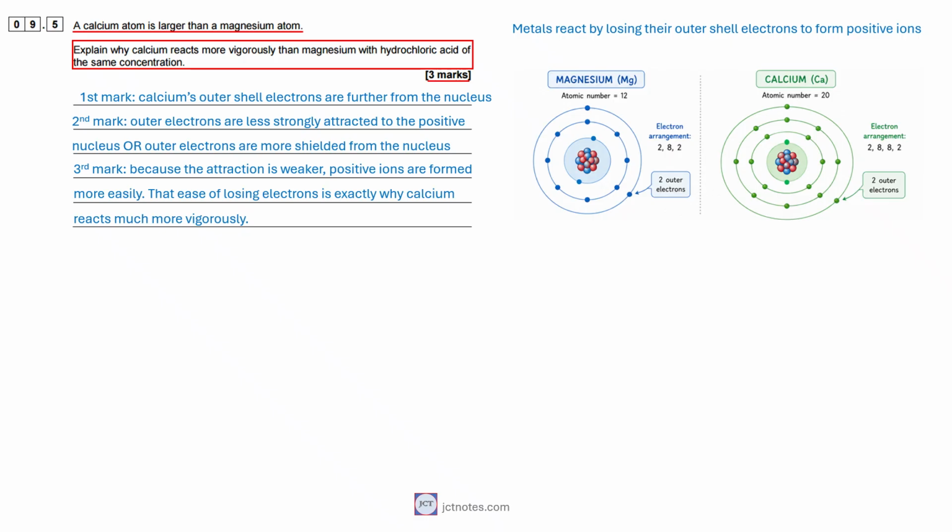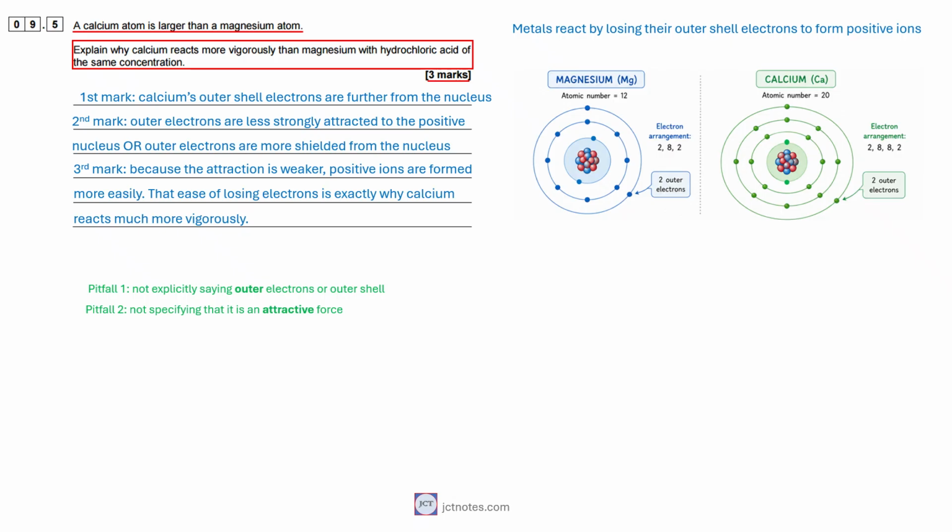Now let's look at the examiner's report, because imprecise vocabulary cost plenty of students their marks here. First, you must specify which electrons you are talking about. Writing electrons are further away without explicitly saying outer electrons or outer shell will not gain credit. Second, you must clearly define the force involved.